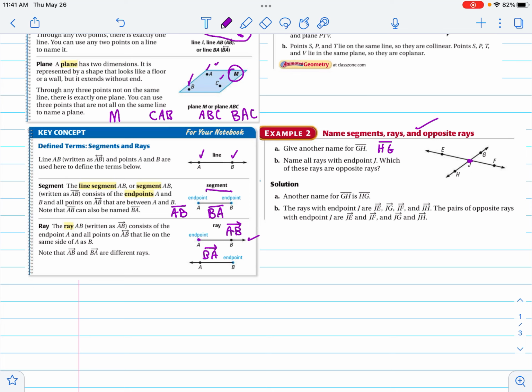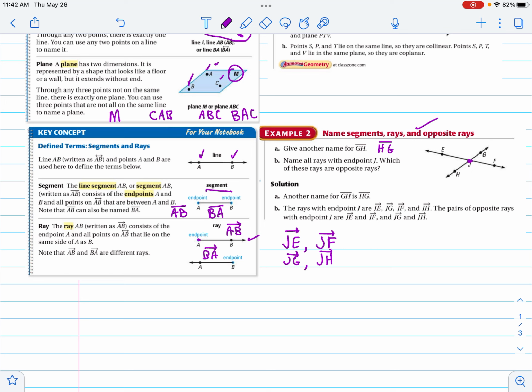So this would be JE. Okay, so JE. Now let's look at another one. JF. Got to put my rays on here. There we go. JF. So JE and JF. And then what's next? JG. And then JH. There we go.